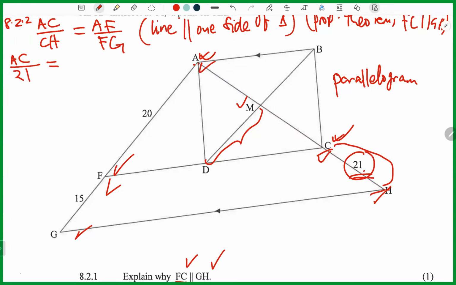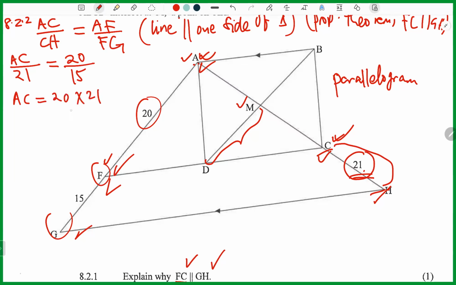And then we have AF, which is 20 units, so you put 20 here. And then FG, which is 15 units. So we just need to find AC. AC is the same as 20 times 21, you cross multiply, and divide everything by 15, and therefore AC is equal to 28.